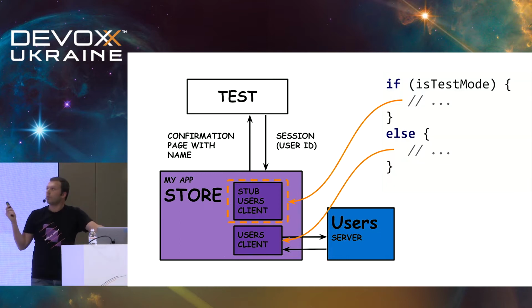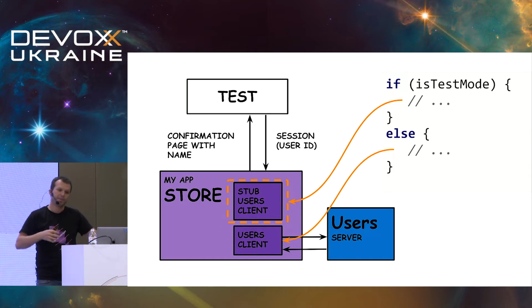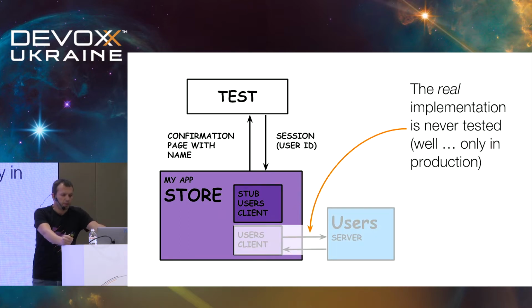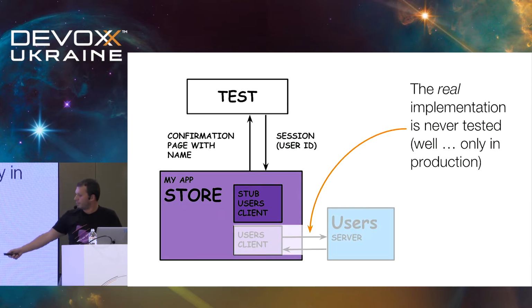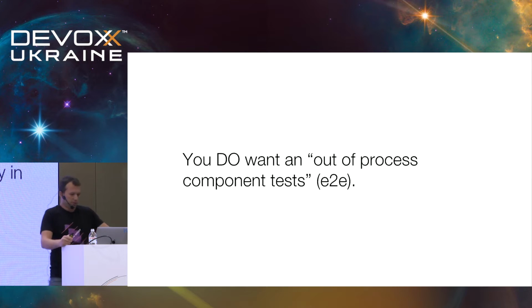Then you have something like this in your code. Sometimes it's an if, sometimes it's some fancy dependency injection that gets the configuration and puts the right wiring. But the important thing to understand here is that the real code is not tested at all. I mean, it is tested in production. So you do want a proper out-of-process component test, end-to-end, what I refer to as end-to-end today.